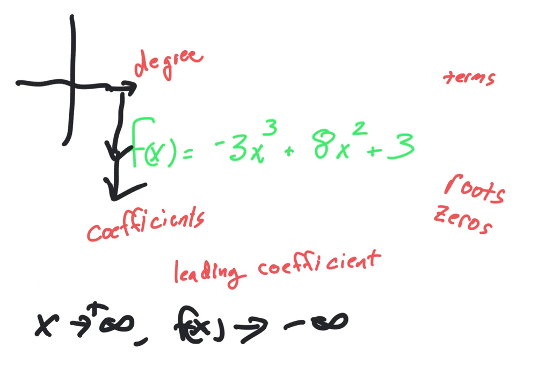And if I put in a really, really large negative number, so negative 1,000, cube it, it is going to also be a negative number times negative 3. So now I have a negative times a negative, it's a positive. So at that end, as x approaches negative infinity, my f of x will approach positive infinity.